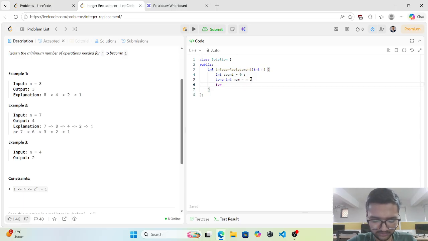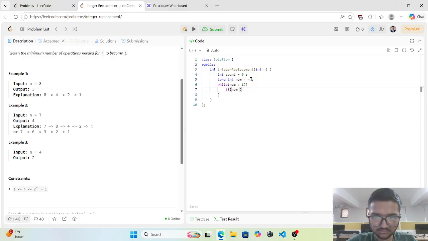First of all, we use a while loop, and when num is greater than 1, the while loop runs. If num modulus 2 equals to 0, then num equals to num by 2, else we have two conditions.